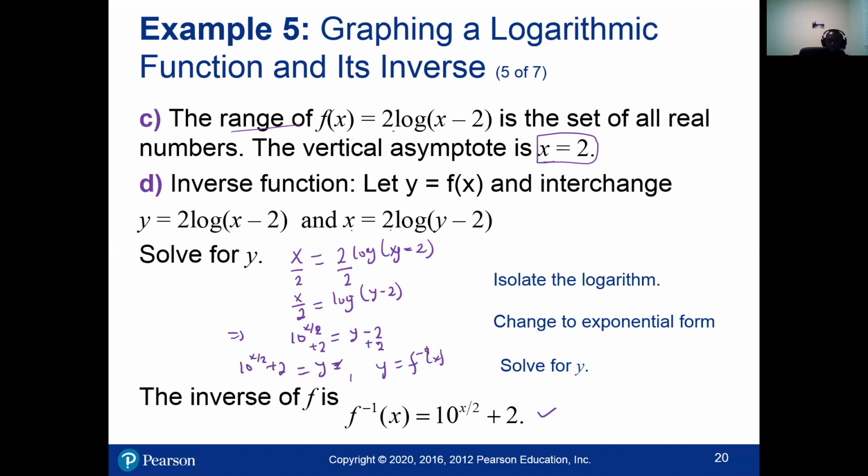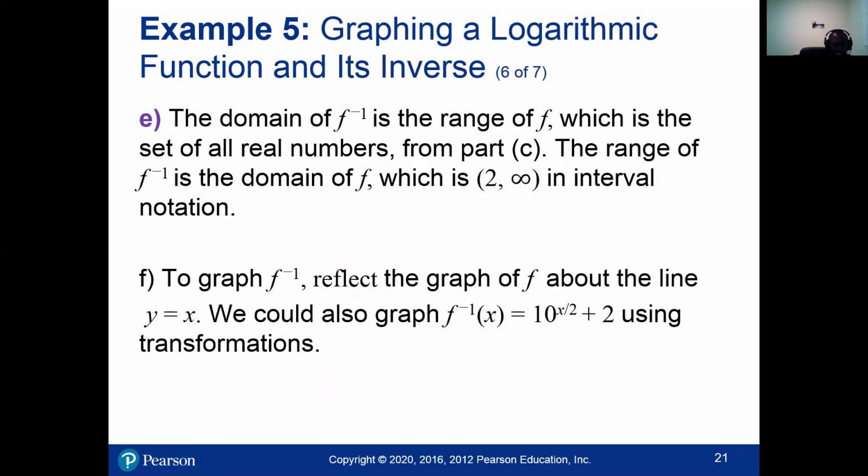All right, what will be the domain? Domain will be the range of that. So anyway, we talked about the domain of f inverse is the range of f, which is the set of all real numbers. So we got that from part C. Okay, and then the range of the inverse function is the domain of f.